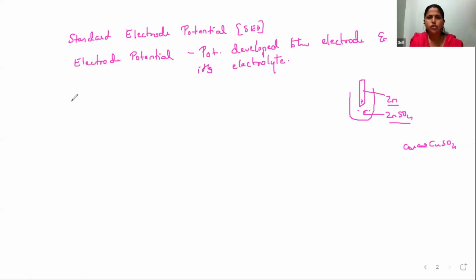So in Daniel's cell, consider the cathode. The cathode is the copper rod. What happens here?